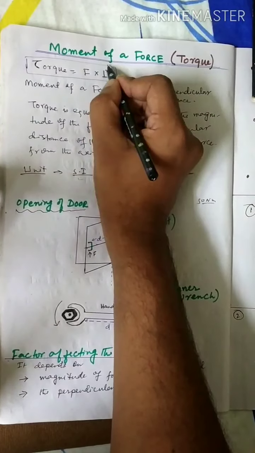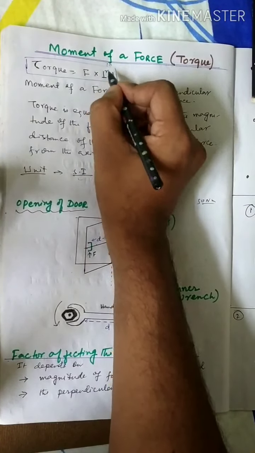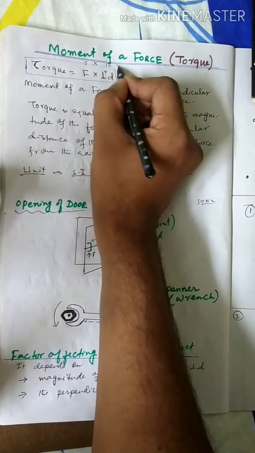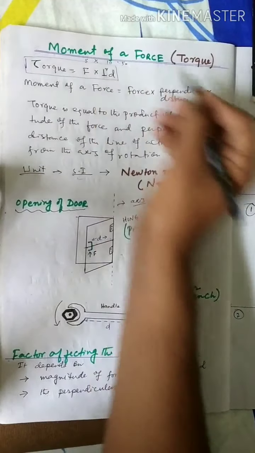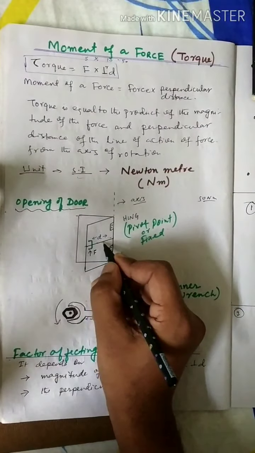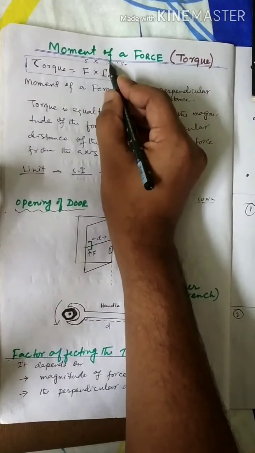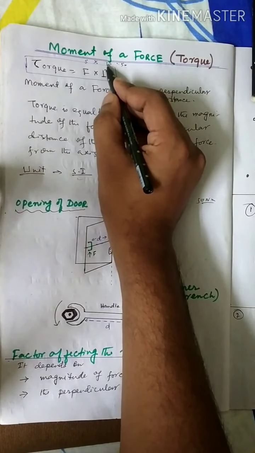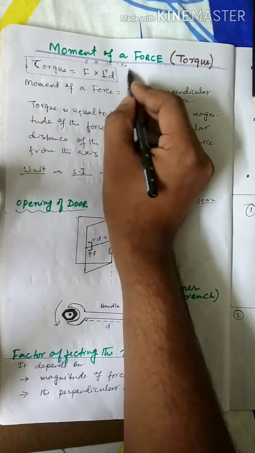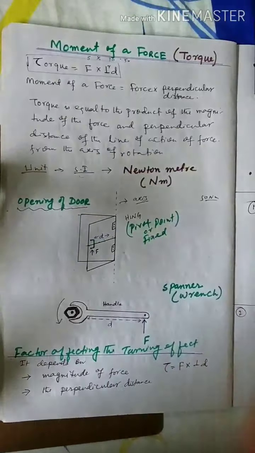If this distance is 10, how much force do we need? 5 Newton, then 5 into 10 is 50. So with 50 Newton meter, this door will open. But if this distance is decreased, then to get 50, we need more force to make up for it.